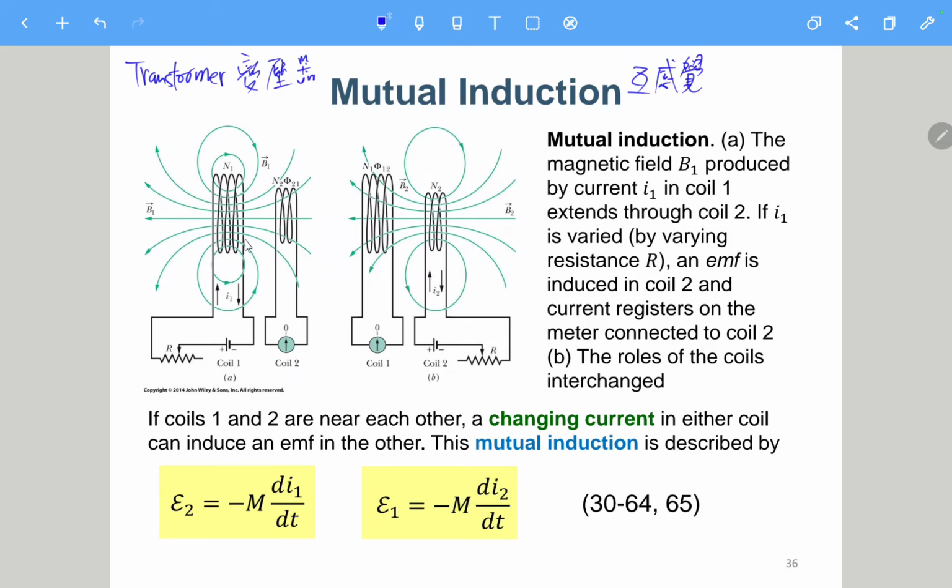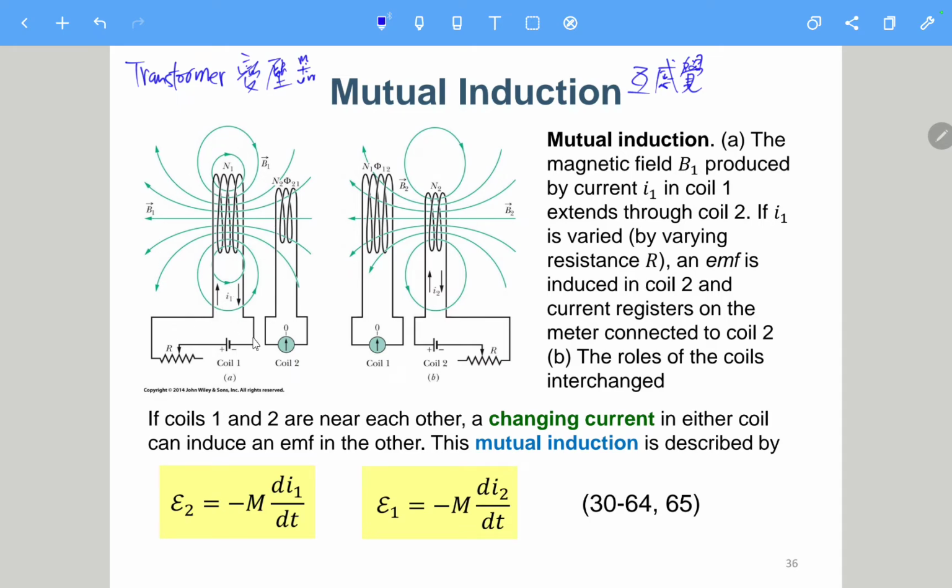Okay, so we try to put two inductors close to each other. Here we have two individual circuits, but we put them close together. Of course, they are a little bit different.